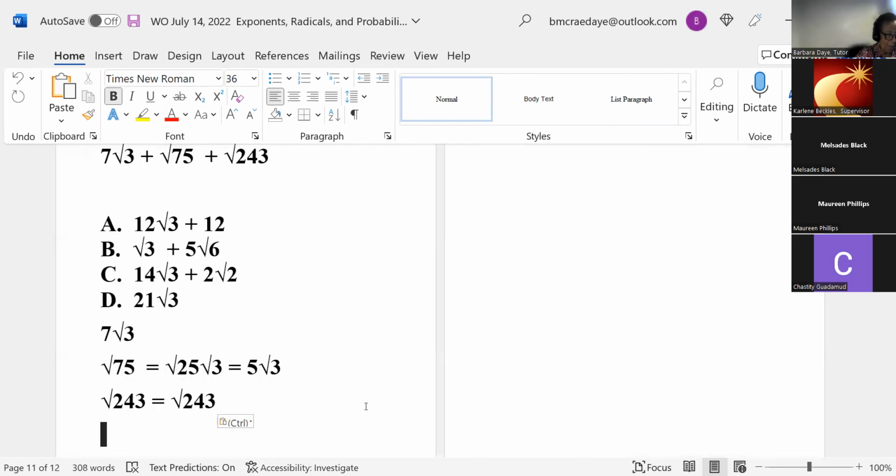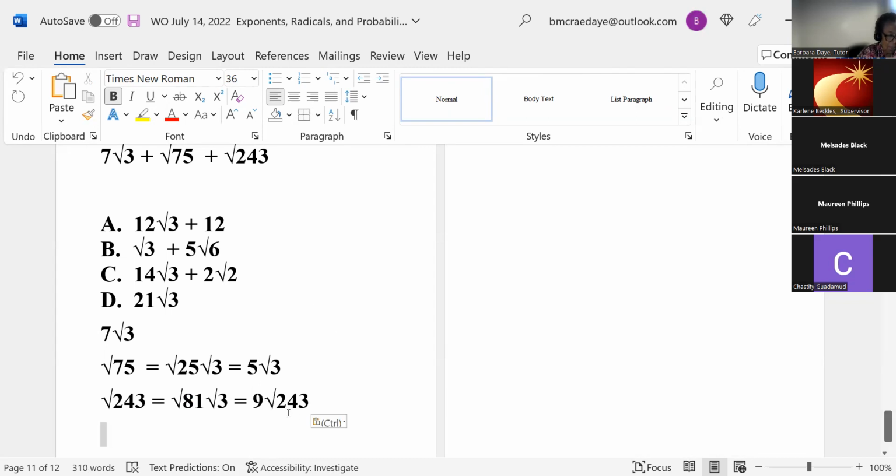Let's put that there. 81 has a perfect square root of what? 9. That's it. So let's put our 3 there, square root of 3. We're just doing our factoring. And what is the square root of 81, Mercedes? 9. And that would be times square root of 3.